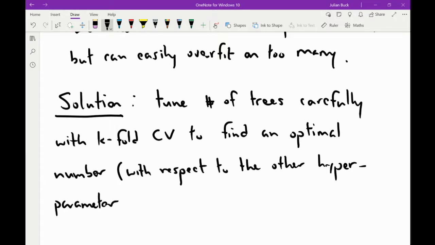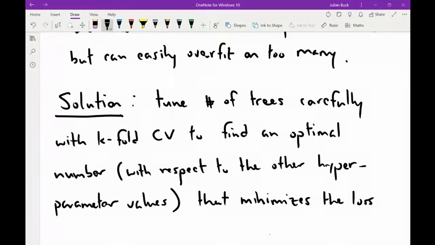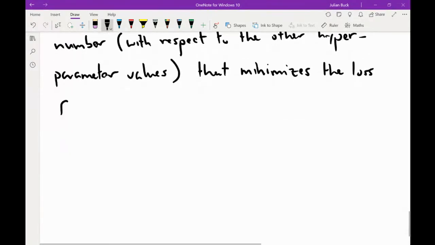What's an optimal number for a certain set of hyperparameter values may be different than for another one. Okay, so we want to try to find an optimal number that minimizes the loss function on the testing data.